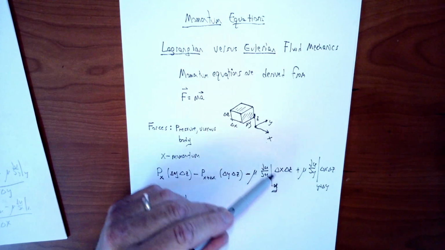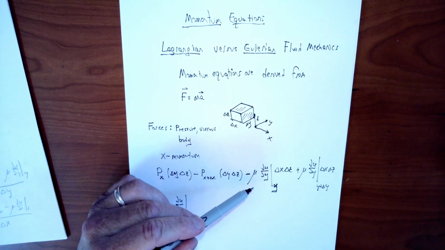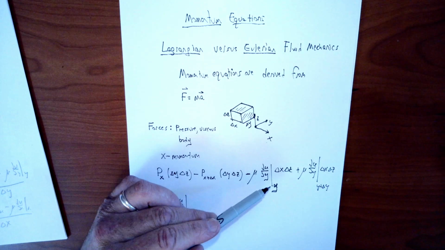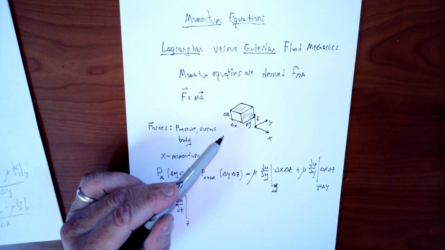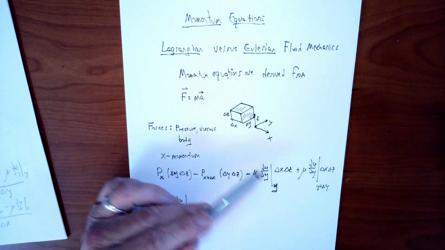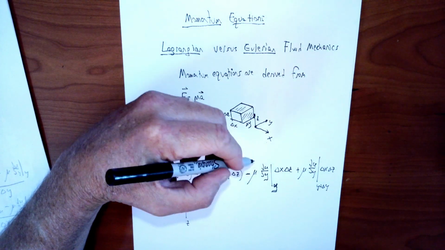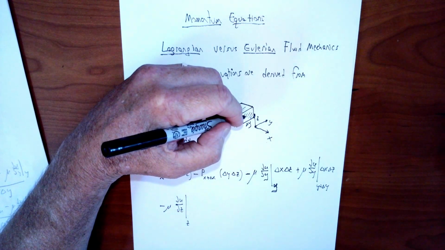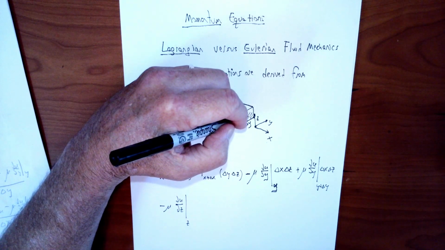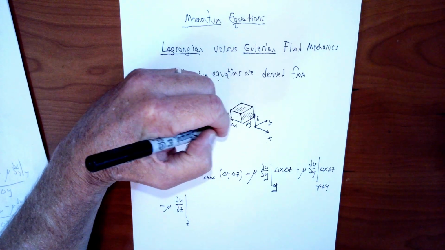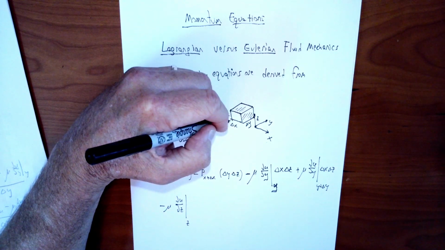Here's a viscous force. This viscous force is caused by faster moving fluid that's adjacent to our box, dragging our box either forward or backwards. If du dy is positive, that means that our box has a higher velocity than boxes that are just to the left of this box in the lower y regime.